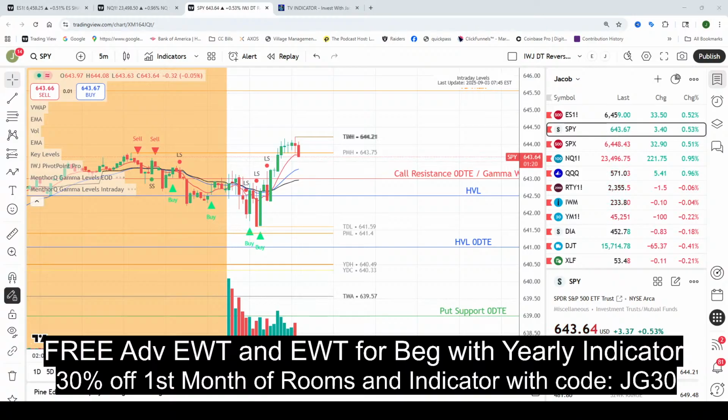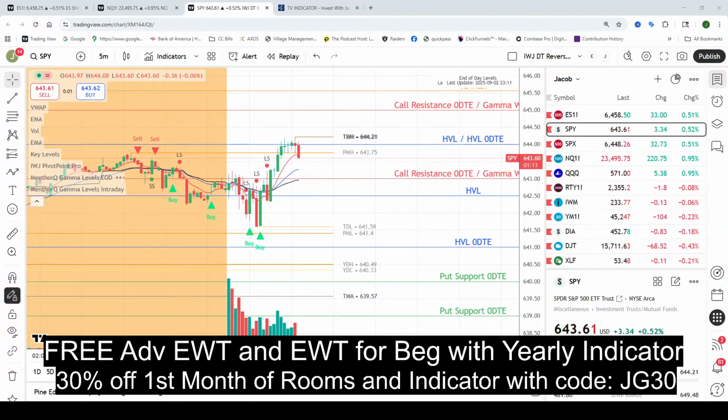Okay, very close. NQ showing weakness. Now we just need to see it on the ES. Come on, ES, get on board.